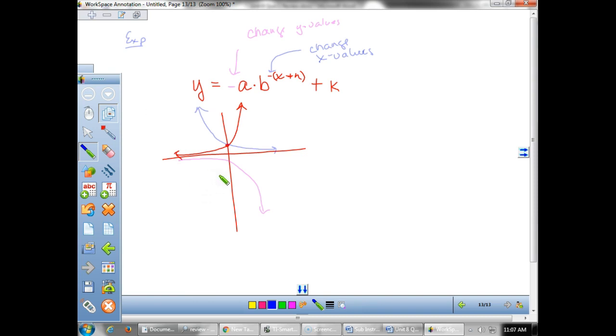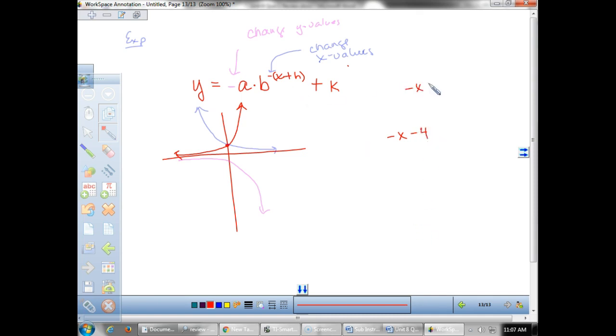Yes? Why do you do the x plus h? Why would you get plus, because wouldn't it just stay as a negative? Well, let me show you. If you have something like negative x minus 4, and I left it like that, that would be wrong.